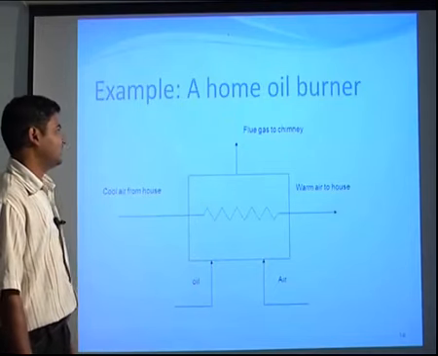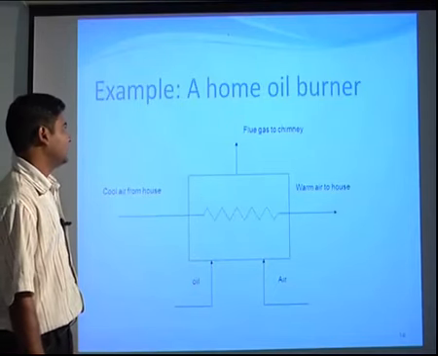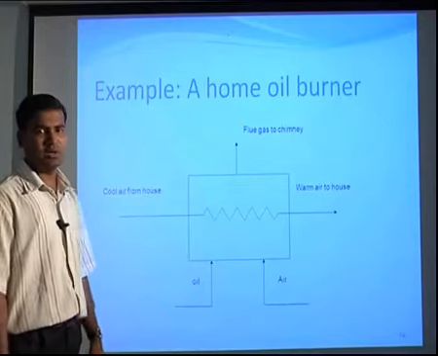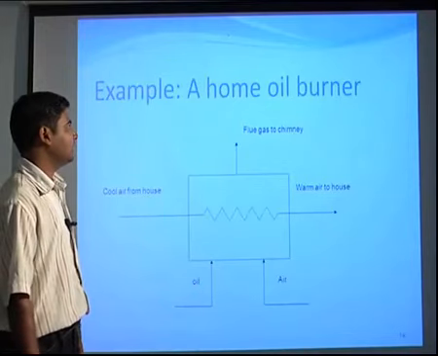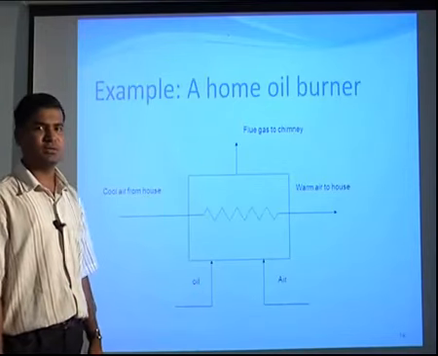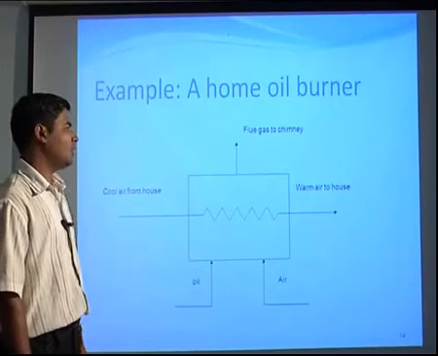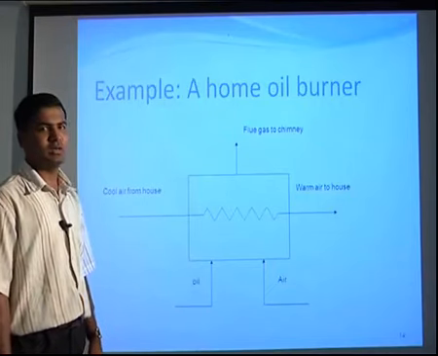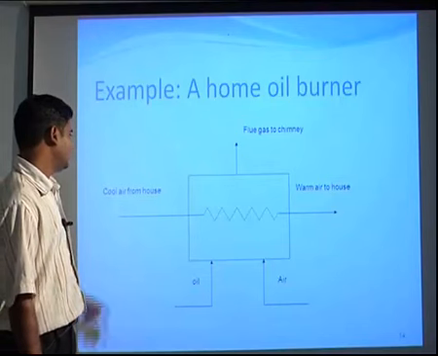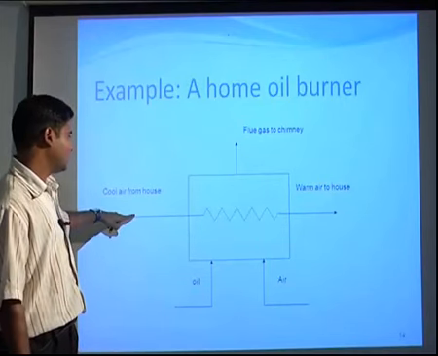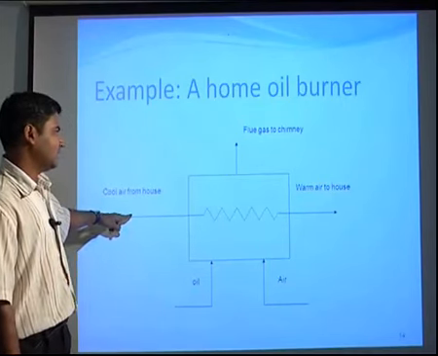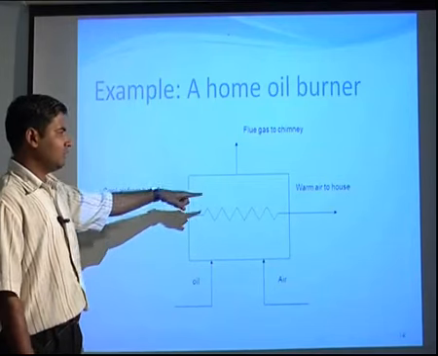So if we take the case of the PFD, we will discuss the case of a home oil burner. Generally, a home oil burner is used to keep the home warm. Generally this is used in cold countries. So what happens? We are supplying the cool air from the house and we want to have warm air in the house.